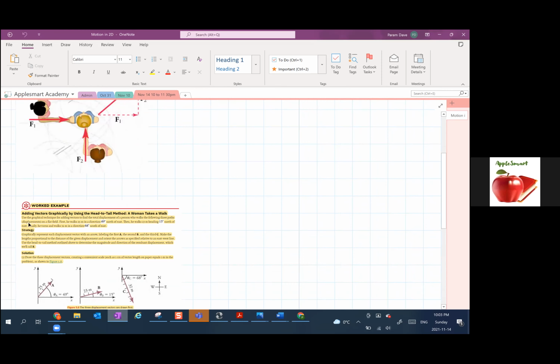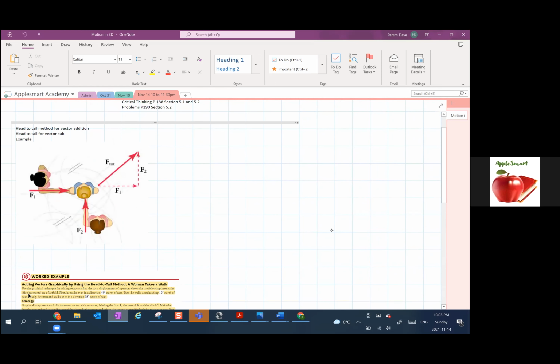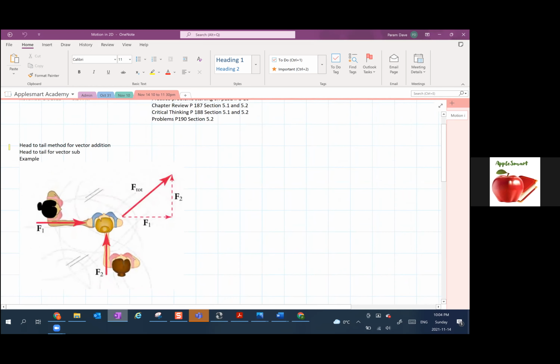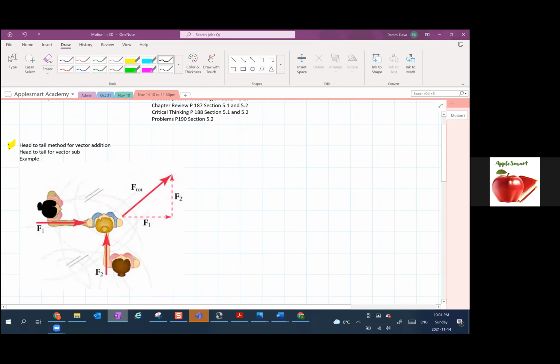All right, so this is all in all a solid problem solving type session, but you will have to do that because if you don't do problems when you and I are together, it's going to be not a fruitful session. Okay, in the textbook, this topic over here, head to tail method, is called the graphical method.